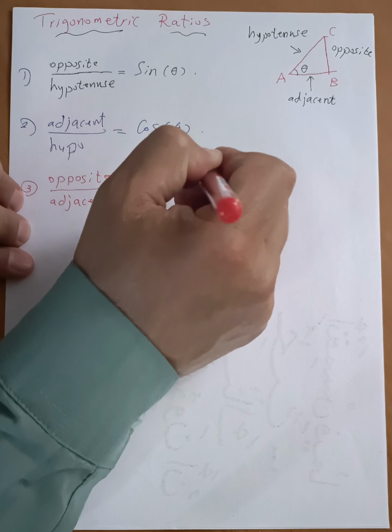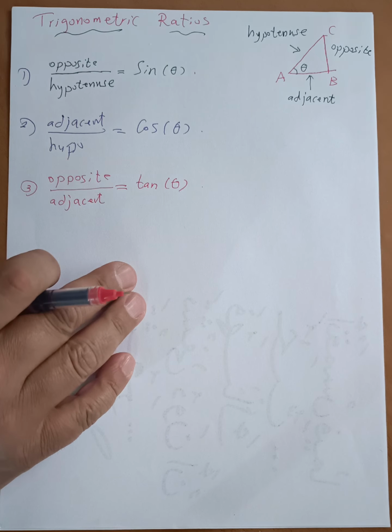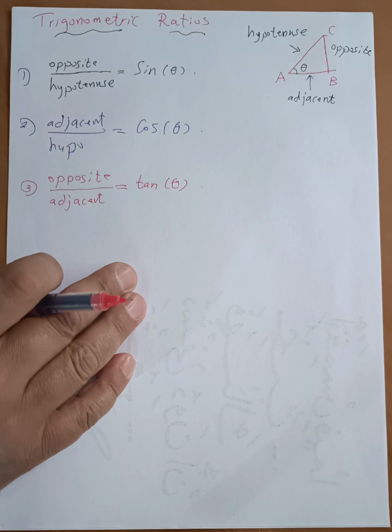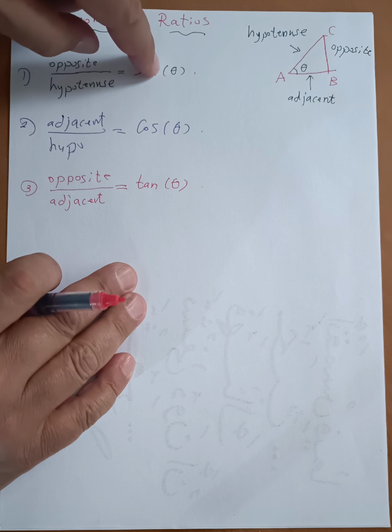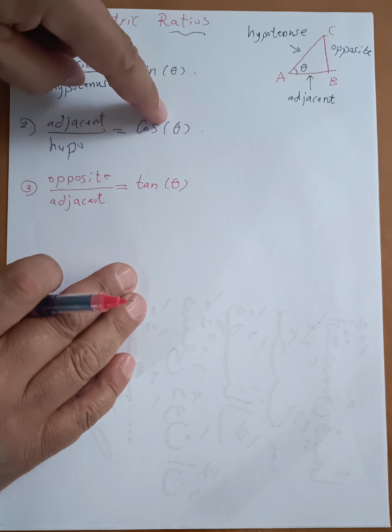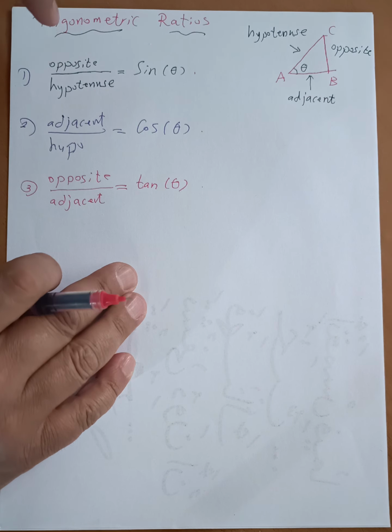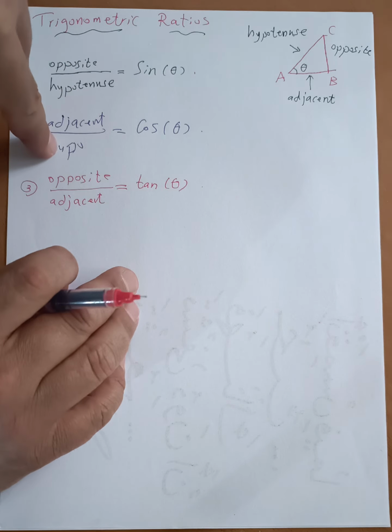Okay, dear students, it is so easy. Just focus on me, and you have to keep that sine theta is obtained from dividing the opposite side by the hypotenuse, and the cosine theta is obtained by dividing the adjacent side by the hypotenuse.